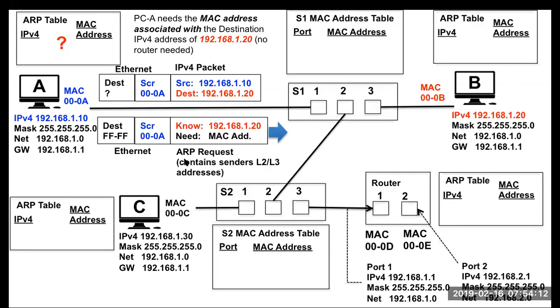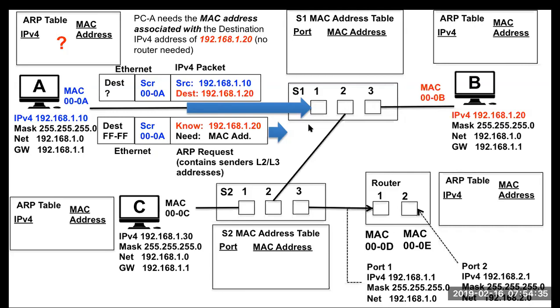Okay, so the ARP request I mentioned contains the sender's layer 2 MAC address and layer 3 IPv4 address. It is sent out PCA's NIC card, and here it comes into the switch. The switch is going to do two things: learn, forward, learn, forward, for every Ethernet frame that comes in.